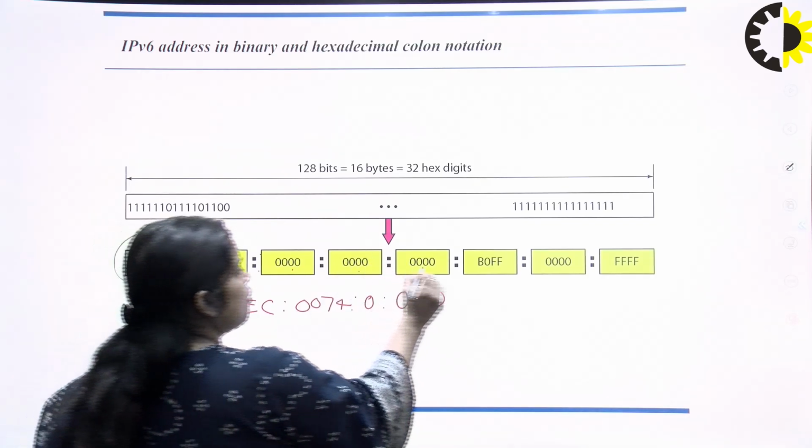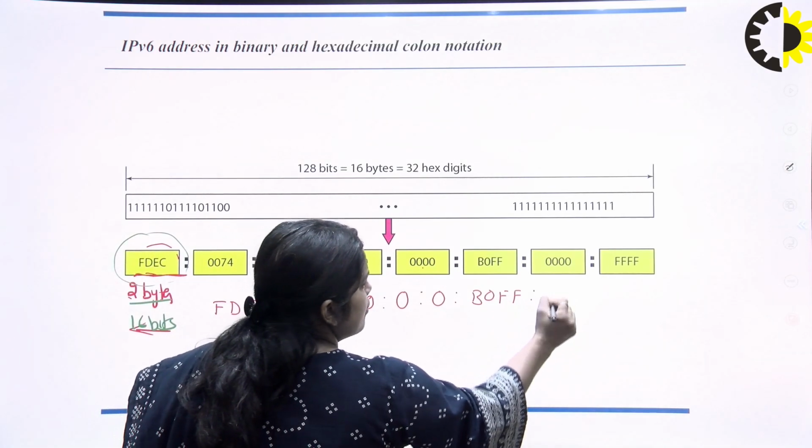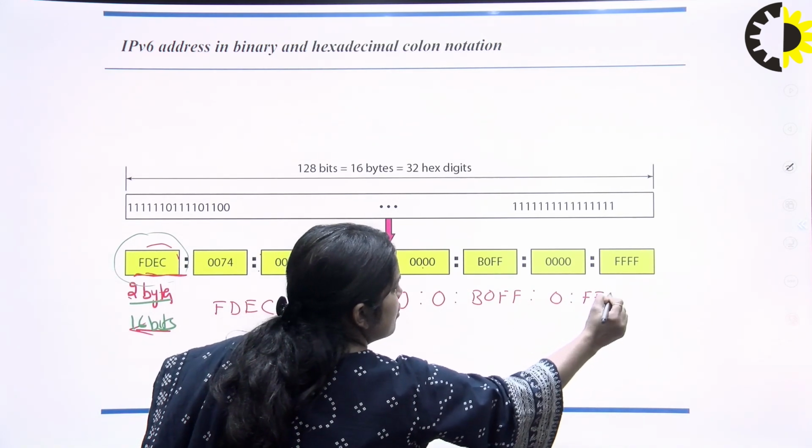Simple. And also you can write it like B0FF 0 and FFF.